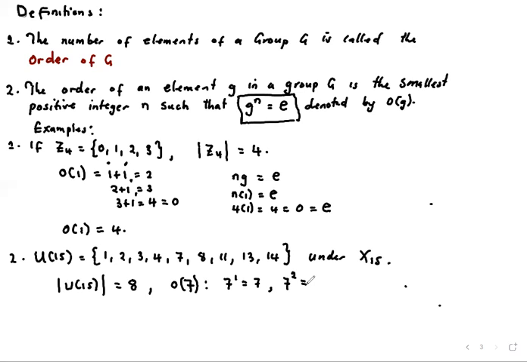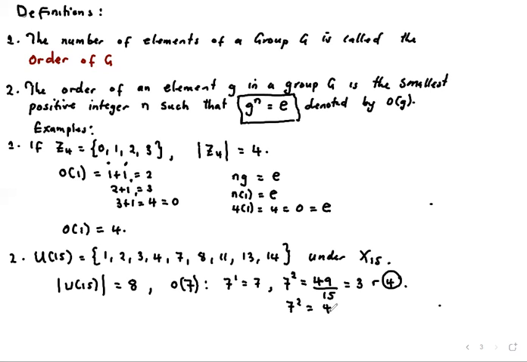Then how do we bring it back to the group? We divide by 15. We have 3 remainder 4, since 3 times 15 is 45. So this is equal to 4.